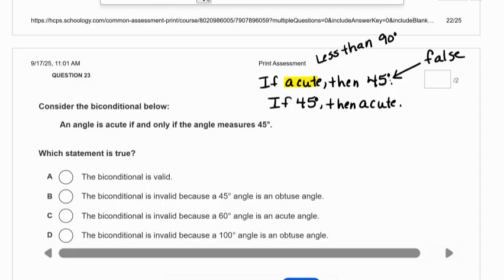Remember, we're looking for a counter example. So we just have to pick another number that's less than 90 that isn't 45. All right, and I see that C down here has the biconditional is invalid because 60 degrees is an acute angle and 60 is not 45. Therefore, that would be a counter example.